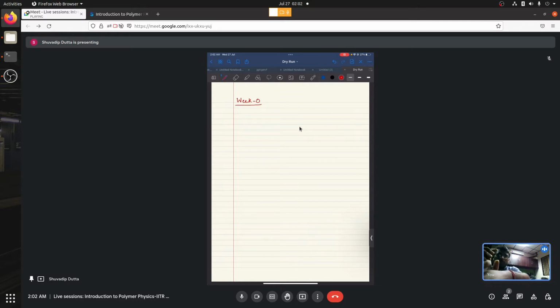Today we'll discuss some basic questions, mostly from the prerequisites of the subject. You will need statistical mechanics to a great extent in this subject, because we'll be talking about large polymers. We don't call just an ensemble of monomers joined together, like 10-20 monomers, a polymer. It should be greater than 100 monomers assembled together to call it a polymer, and also it should have repeating units.